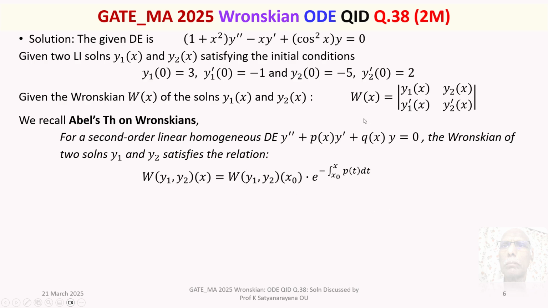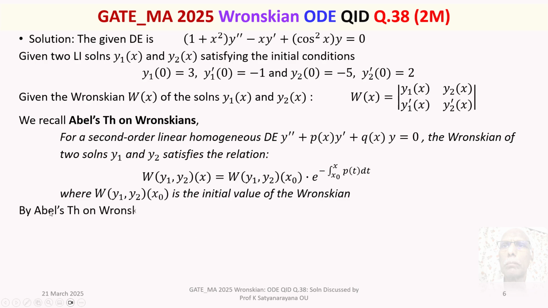We return to our given question, where the Wronskian of y1, y2 at x0 is the initial value of the Wronskian. By Abel's theorem, the Wronskian of y1, y2 at x, where x is any point in the interval, equals the Wronskian at the initial point.